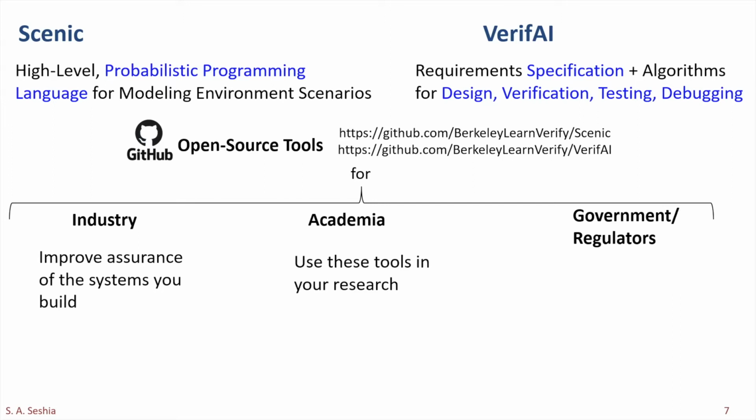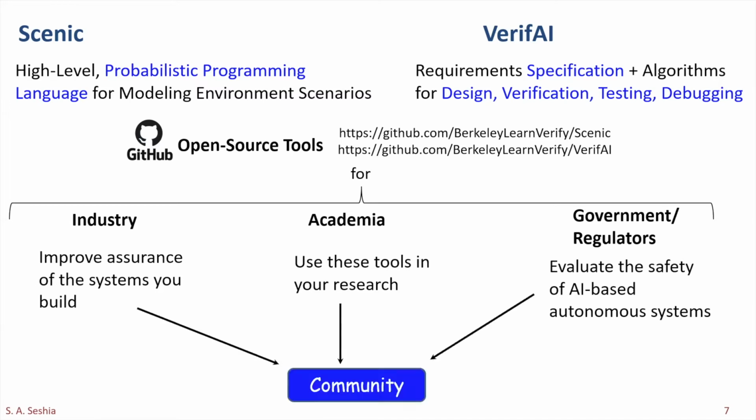And we think these tools are very complementary to those topics, as we will mention during the presentation. So you can integrate your tools with these tools as well. And we've also been interacting with government and regulators to help them use these tools in evaluating the safety of these systems. So we want to have these tools be part of the set of tools that the community uses.